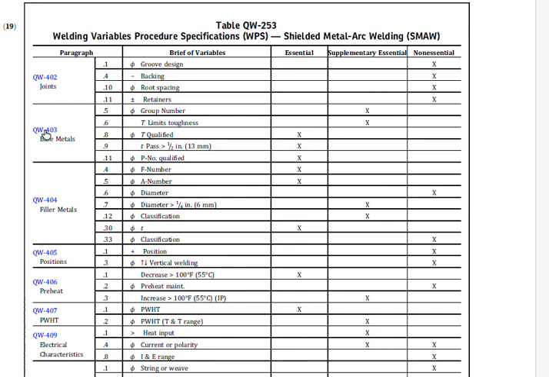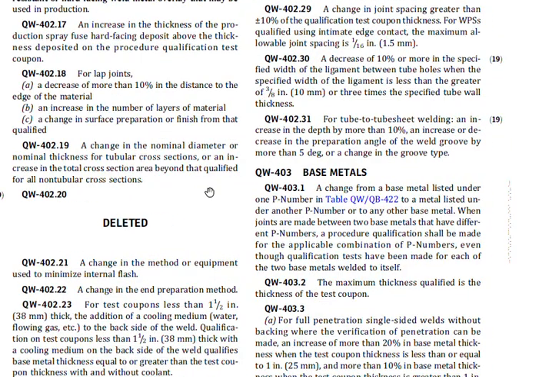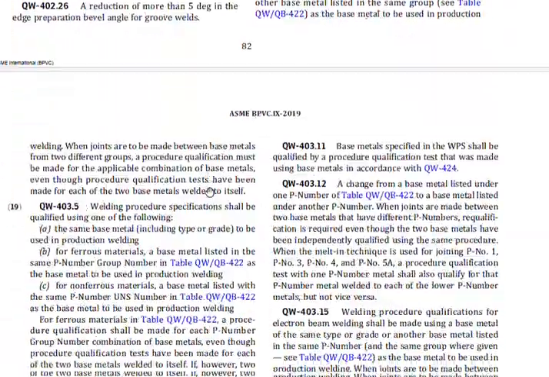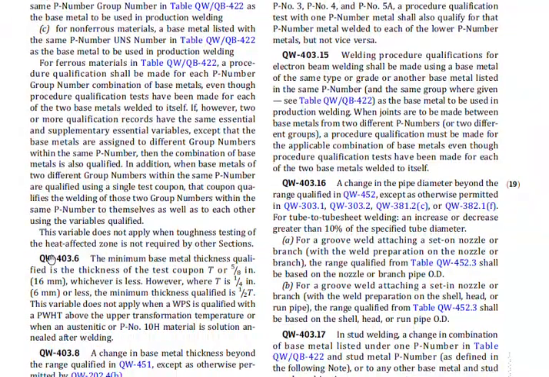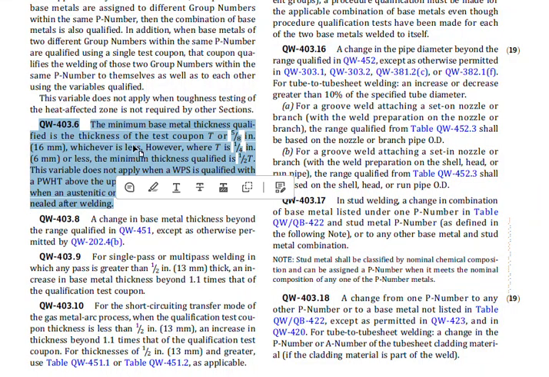We are going to click on this one, 403.6, this one. 403.6: the minimum base metal thickness qualified is the thickness of the test coupon T, or 16 mm, whichever is less.